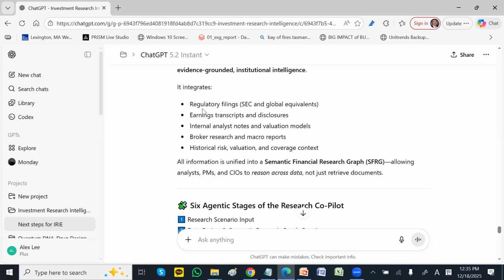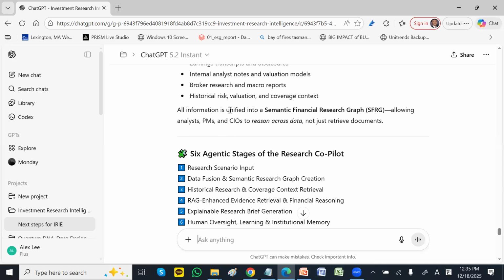It integrates regulatory filings like SEC and global equivalents, earnings transcripts and disclosures, internal analysis notes, valuation models, broker research and macro reports, and historical risk evaluation and correlated context. So it integrates all the relevant data and information, and then all information is unified into a semantic financial research graph. This allows the analysts, the PMs and CEOs to reason across data.